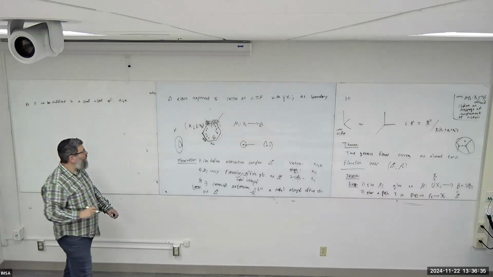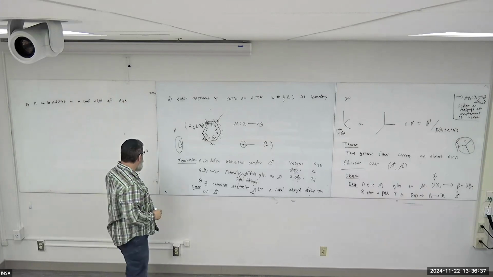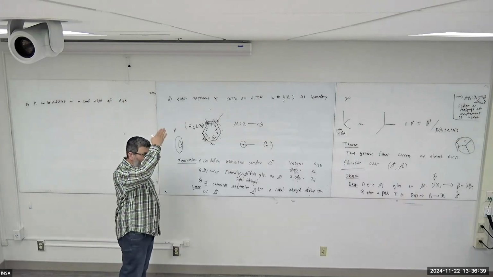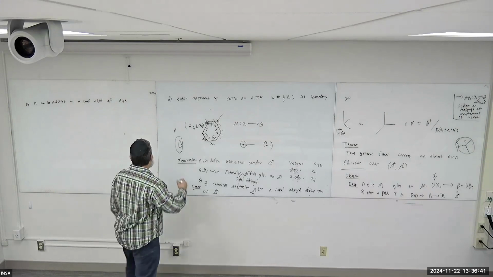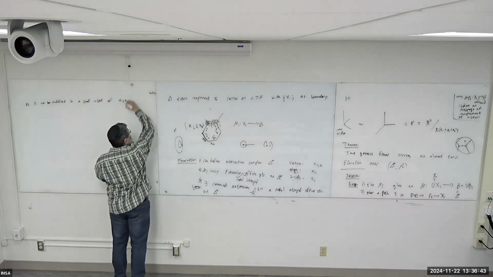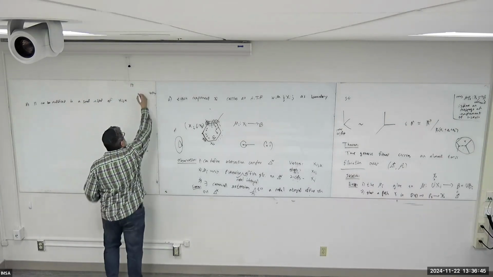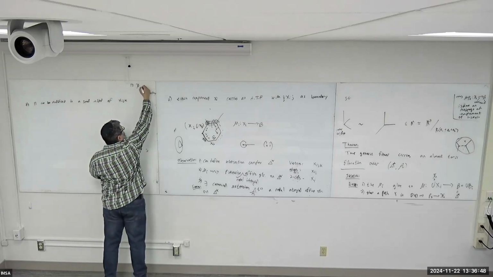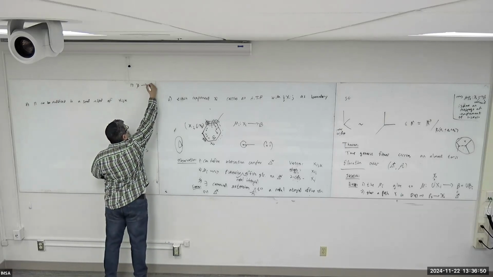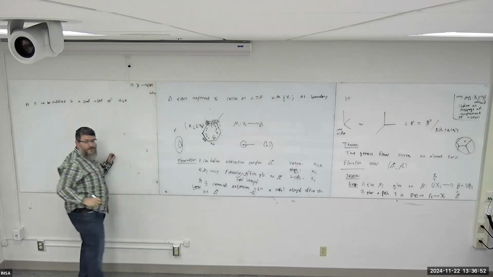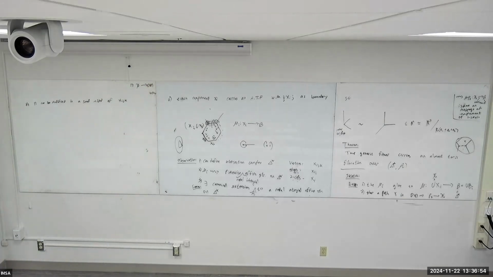Let me write it again. Pi is the map which goes from this family to the disk, whose fiber gives me this fiber. So this is my symplectic fibration.